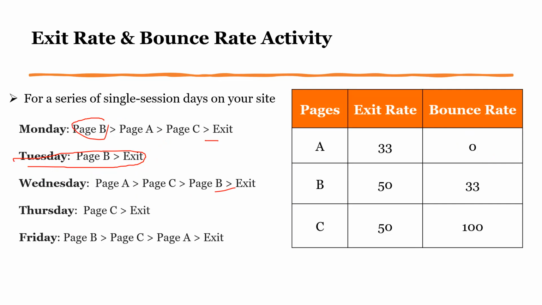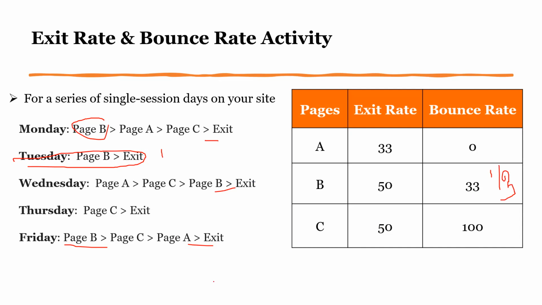So only Tuesday and Monday start with page B, but exit happened only on Tuesday. And Friday also it starts with page B, but exits from page A. So only one instance where page B was visited and also bounced because it exited from the same page. So 1 out of 3, which is 33%.